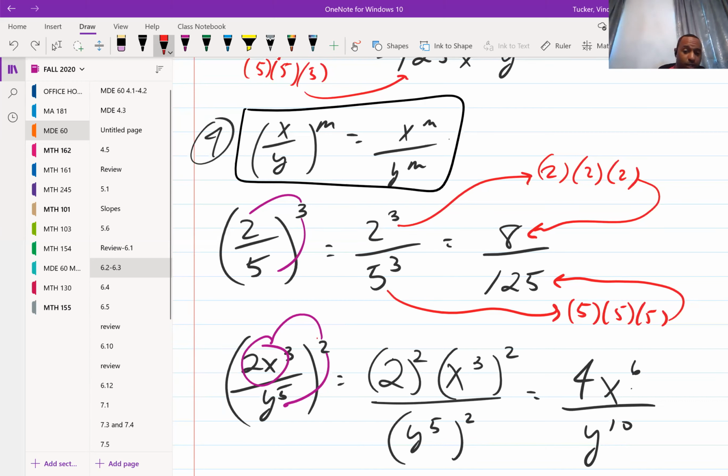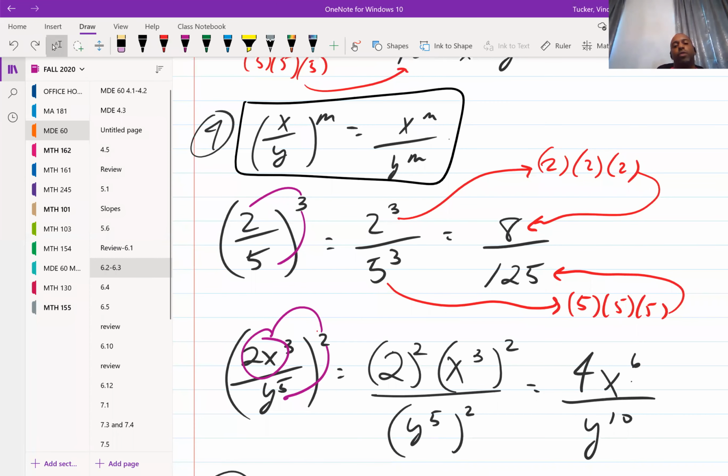Then it's also applied to the denominator, and that is y to the 5th squared. All right, so 2 squared is 4, 2 times 2.